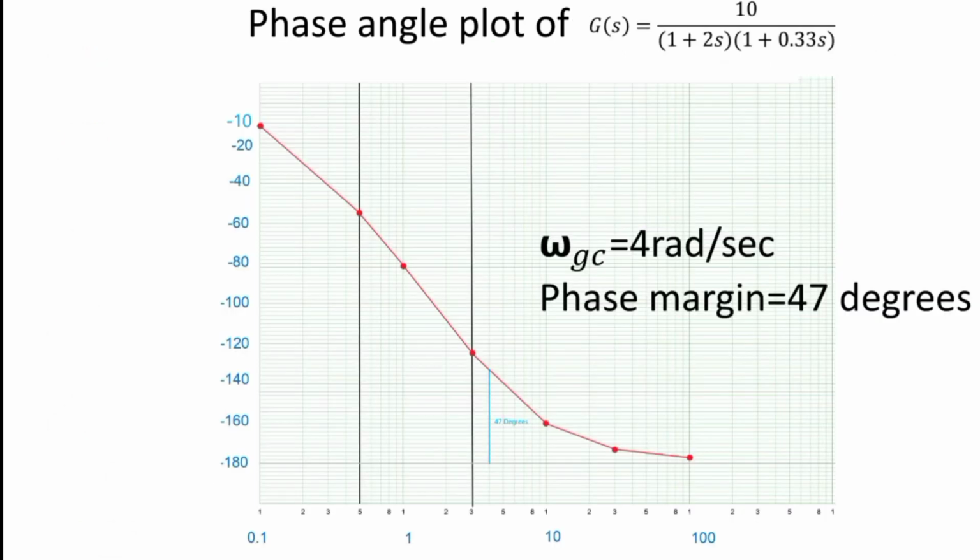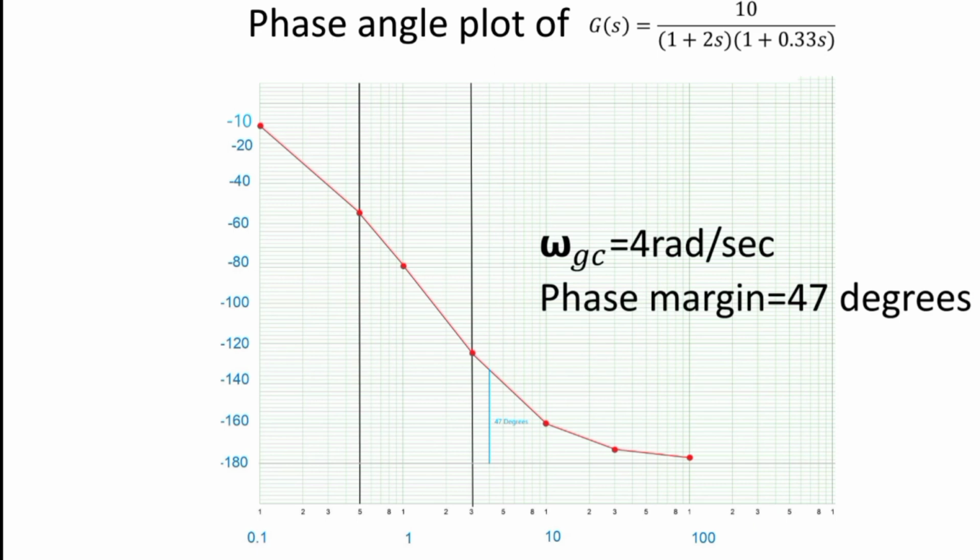Moving on to the next slide, the phase angle plot of G(j omega). In the semi-log sheet for the phase angle plot, the x-axis is the logarithmic axis and the y-axis is the linear axis.